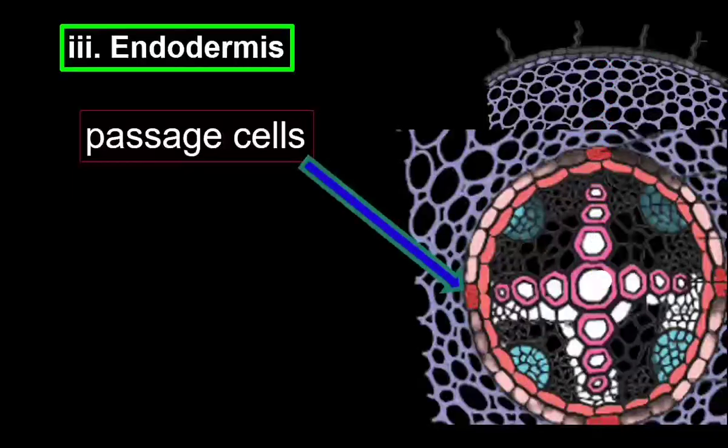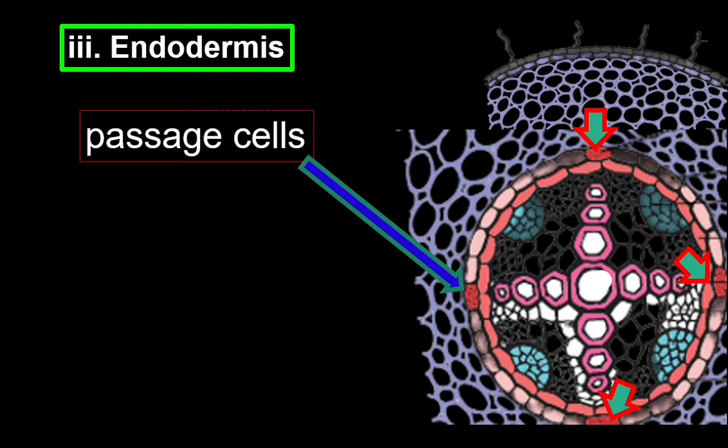Here the passage cells are found opposite to the protoxylem. This diagram shows 4 protoxylem points. Passage cells are endodermal cells found opposite to the protoxylem points. So the endodermal cells opposite to the 4 protoxylem points are passage cells.